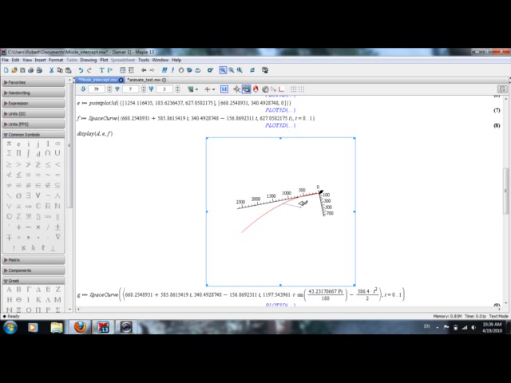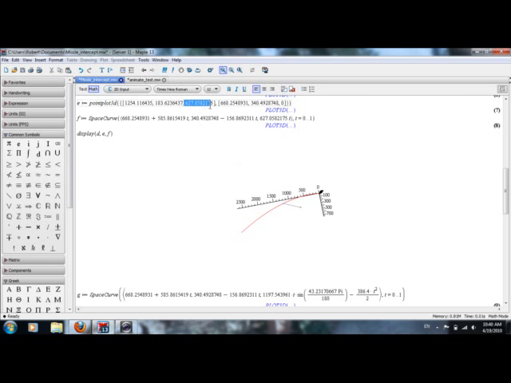So using some trig, I figured out what this distance was, and I set the x component of the projectile equation equal to that, and then for the other aspect of my system of equations, I set the y component equal to the height of this point right here, which is the 627.